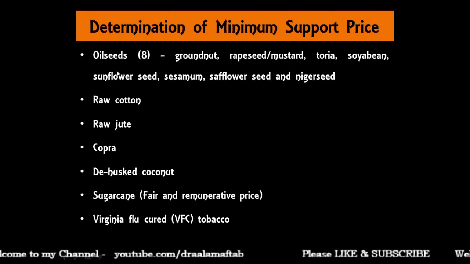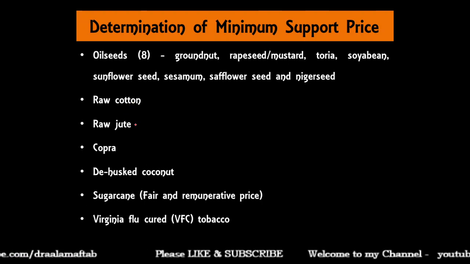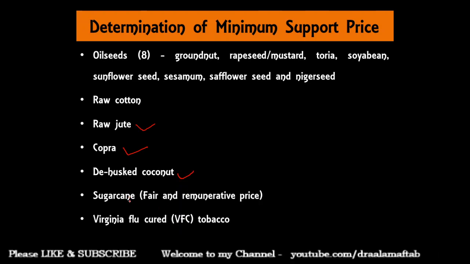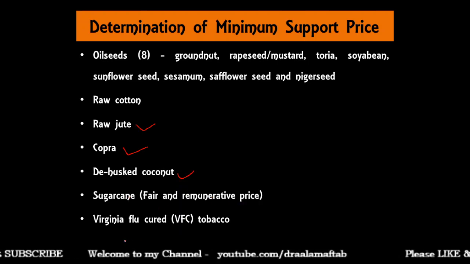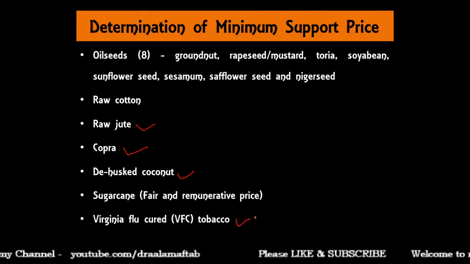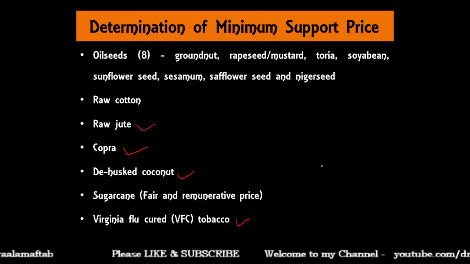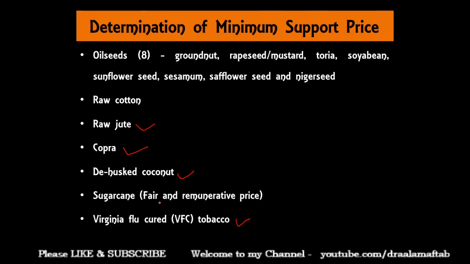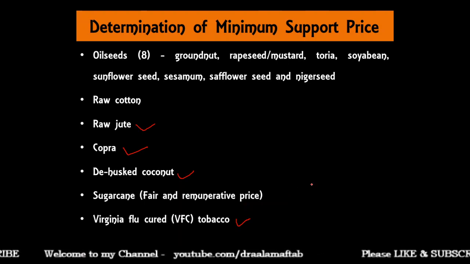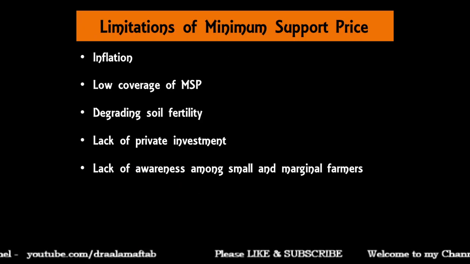Under oilseeds there are 8. Then raw cotton, raw jute, copra, dehusked coconut, sugarcane, for which FRP is announced, then VAFC and tobacco. For 22 crops MSP is announced, and for sugarcane FRP is announced. These are the crops covered under the minimum support price.